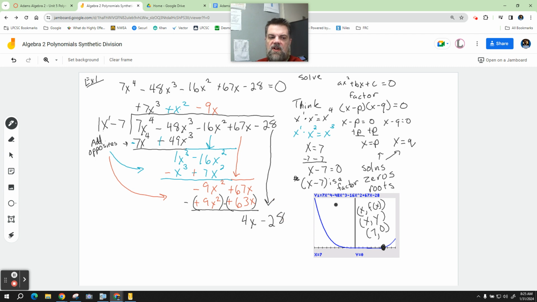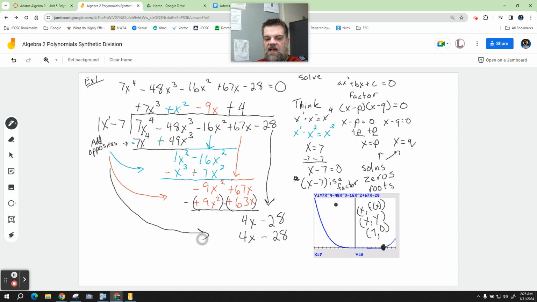What do I multiply x by to get positive 4x? Positive 4. Positive 4 times negative 7 is negative 28. Four times x is just positive 4x.